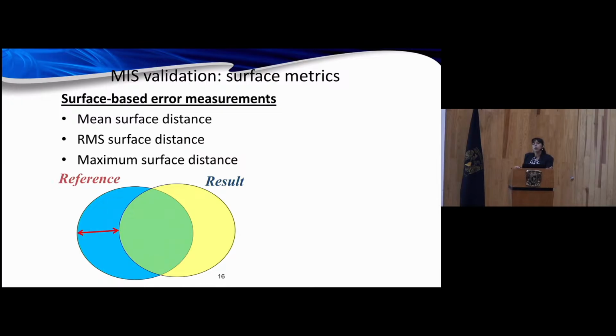No, we have to get metrics, like to compare what we are expecting to what we are getting from the algorithm. So in order to do that, we usually use distances, metric distances, where we have a reference. Let's say this is the organ for reference, and this is the result of the algorithm.